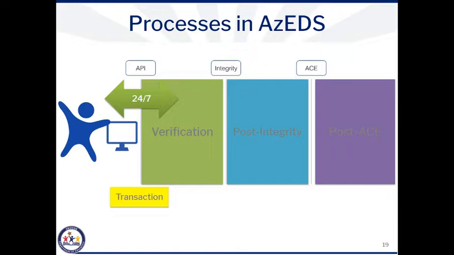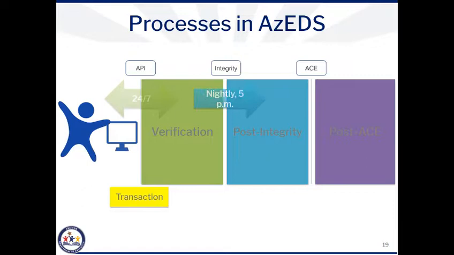When your data is submitted to AzEDS, it flows through the API, or Application Programming Interface. The API is typically open 24 hours a day, 7 days a week. However, there are some times throughout the year when it is taken down for maintenance. When your data flows through the API, a transaction is created and the data flows into the verification phase of the student data process. The data that appears in the verification phase is data that has landed in AzEDS.